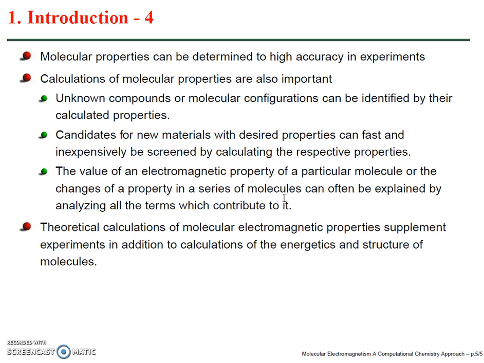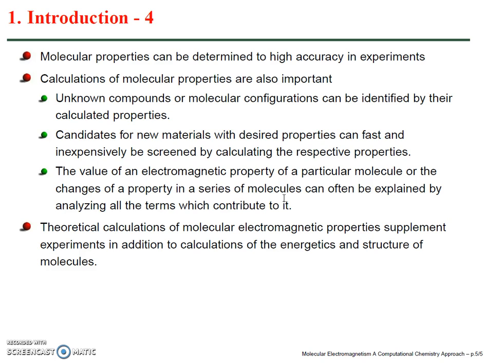A third reason for calculating a molecular property of a particular molecule could be that we want to understand why this molecule has this particular value of this property. For example, we have a molecule with a particular chemical shift, which is quite different from the chemical shift in some related molecules, and we would like to understand why there is this change.